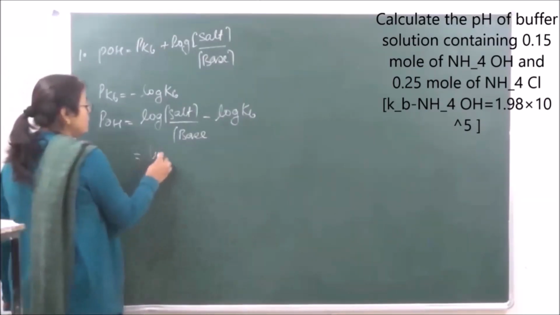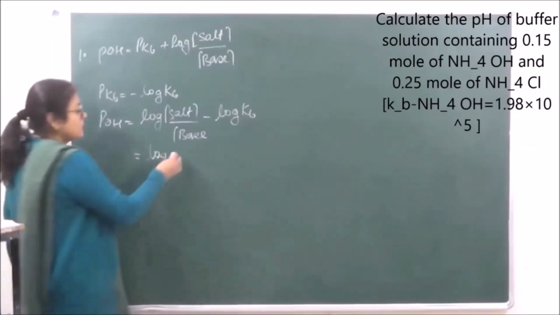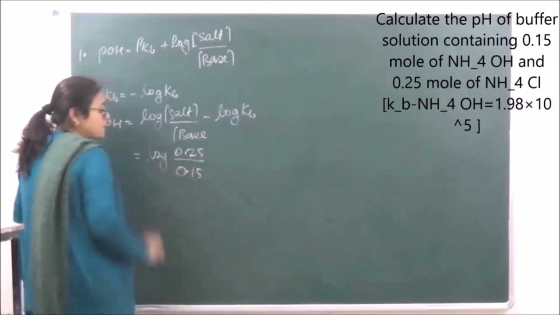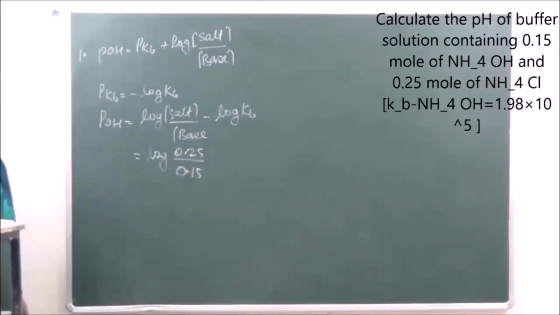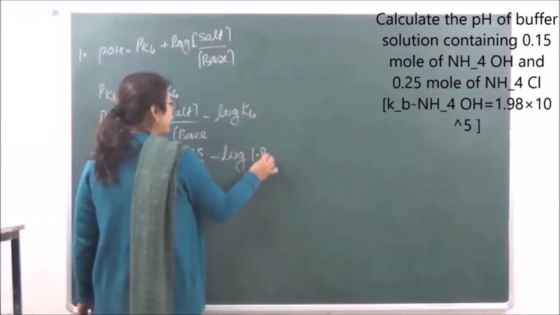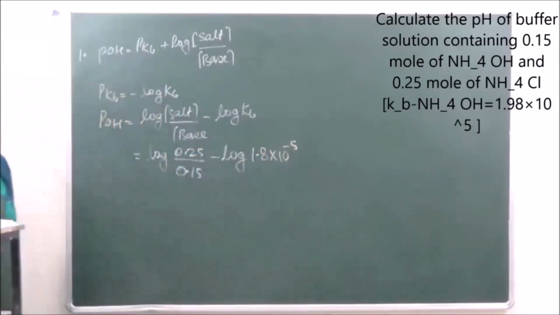So we have here log of concentration of salt, which is 0.25, upon 0.15, minus log of Kb. So minus log of 1.8 into 10 raised to power minus 5. Okay? So let's calculate this.